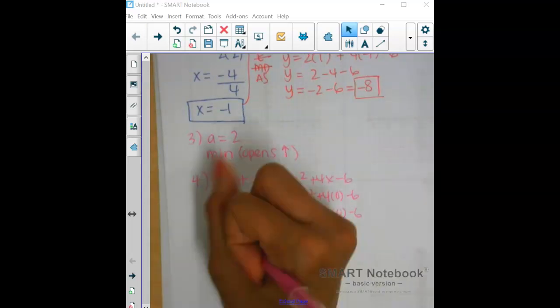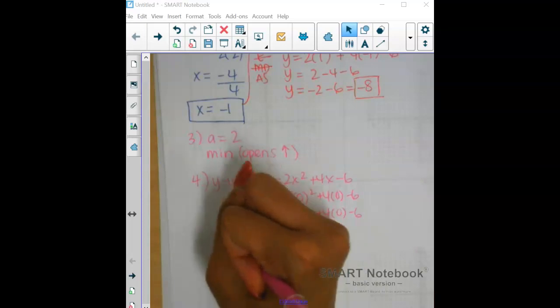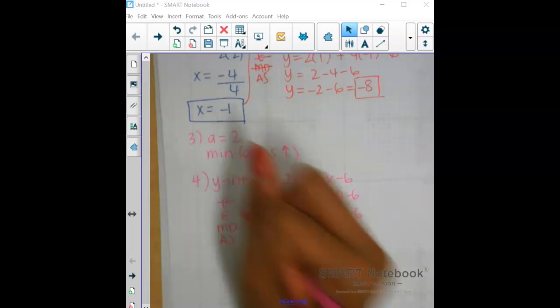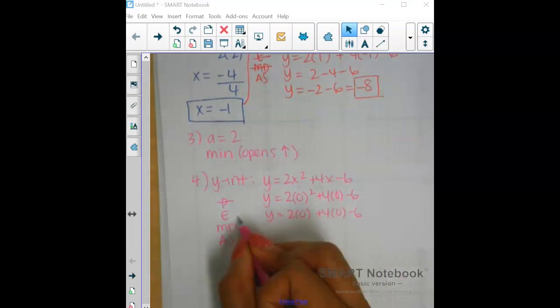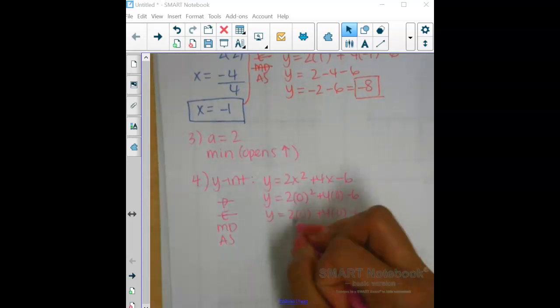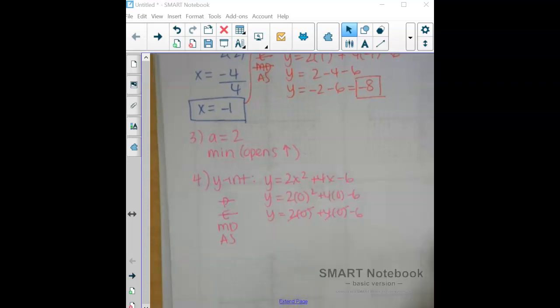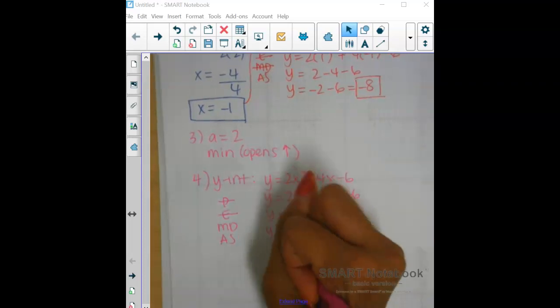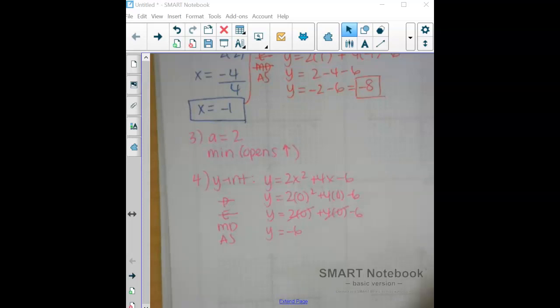We're going to multiply. I'm literally just using PEMDAS, guys. Parentheses, there's nothing inside, just the zeros. 0 squared is just 0. M and D, when I multiply 2 times 0 and 4 times 0, those cancel. So my y value is just -6.